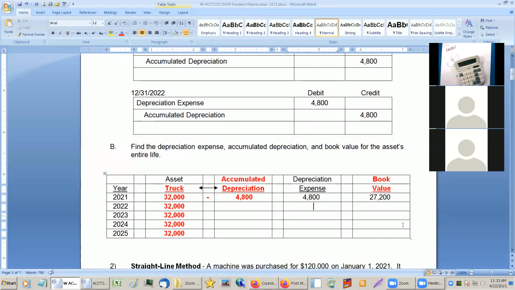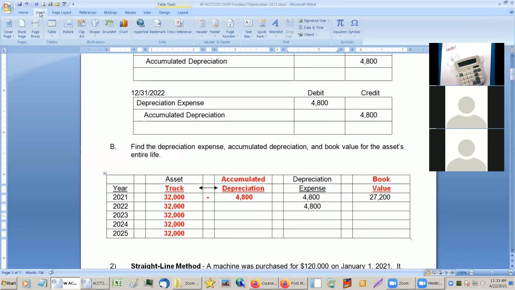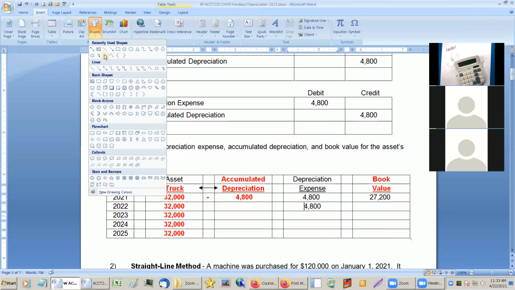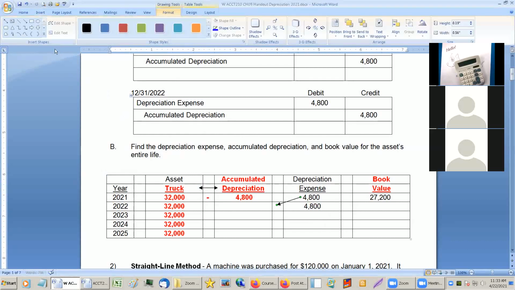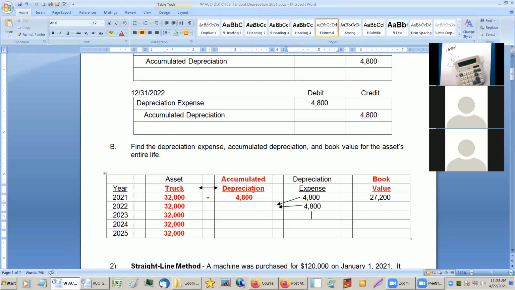Okay, so now we depreciate another 4,800. So the accumulated depreciation now will be both years together. Accumulated is just keep adding it up. So it'll be the depreciation from 2021 and the depreciation expense from 2022.